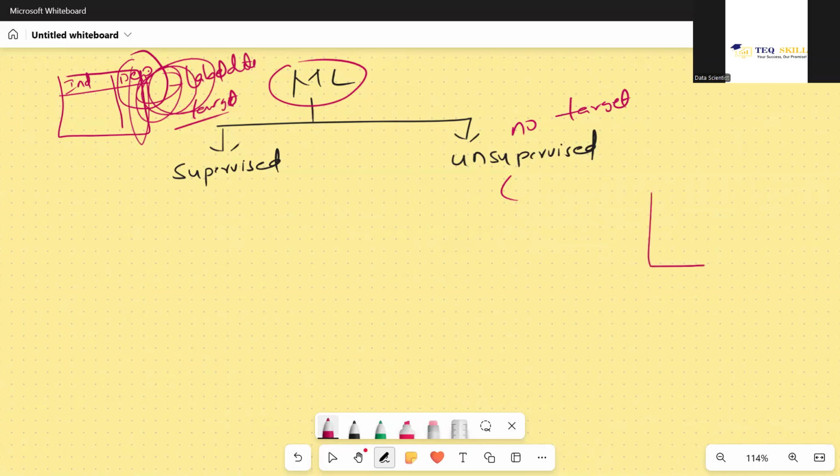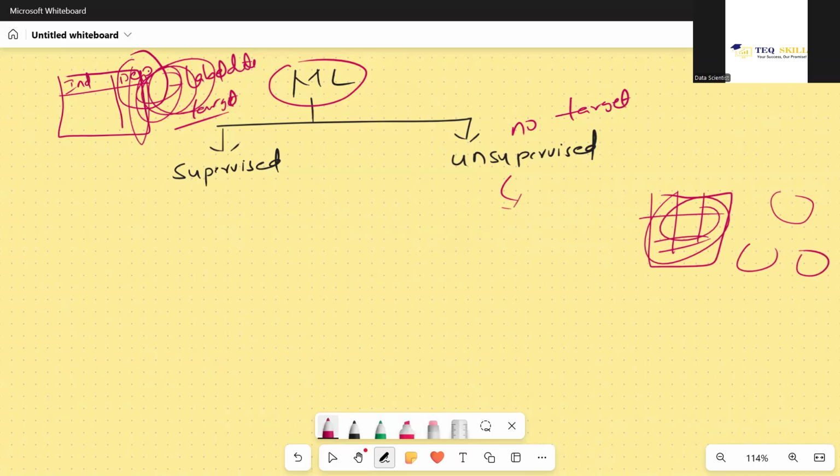You have some kind of data set, and with the help of this data set we segregate different groups, or clusters. Automatically we can generate multiple groups. That kind of concept we call unsupervised, with no target variable.